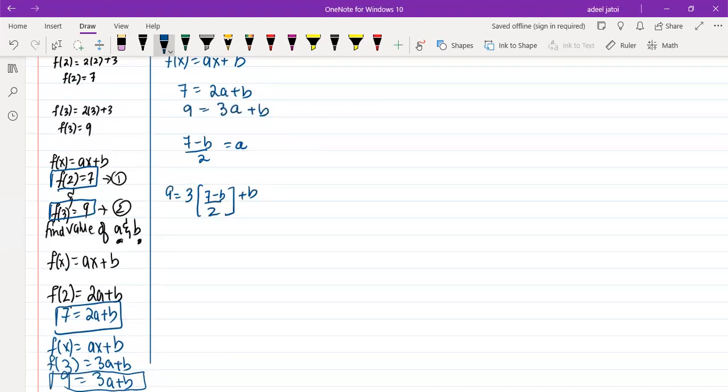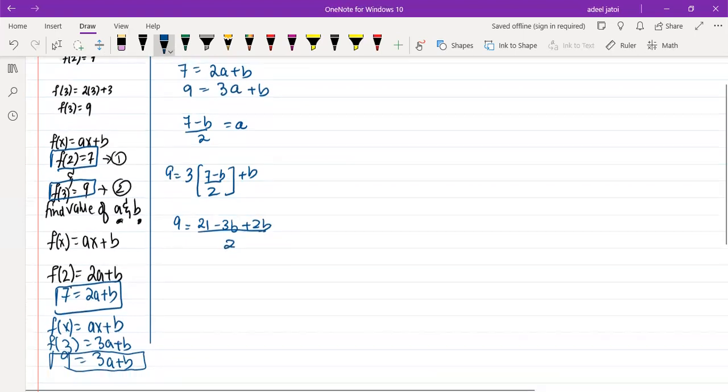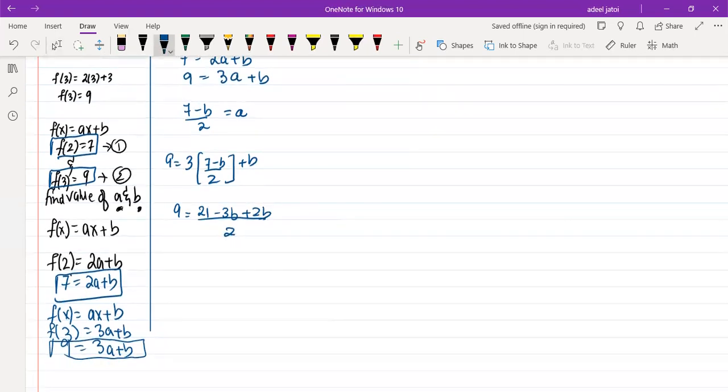So this is going to be 9 is equal to (21 minus 3b plus 2b) upon 2. Do you agree to this? 9 goes there and becomes multiplied, so 9 times 2 is 18, minus 21 is equal to minus b. Minus 3 is equal to minus b. The minus cancels, so b becomes 3.